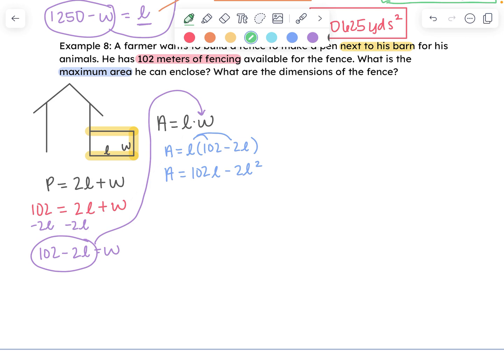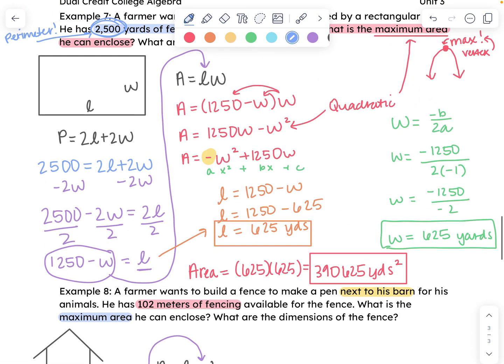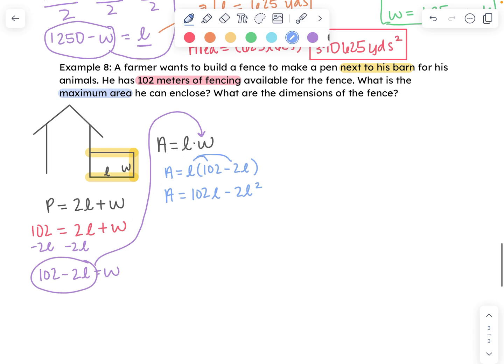Same idea as what we were talking about with our quadratic up here. Since it's a quadratic, and it's negative 2L squared plus 102L, our A value is negative, so it makes a parabola that faces down, and our vertex would be a max.